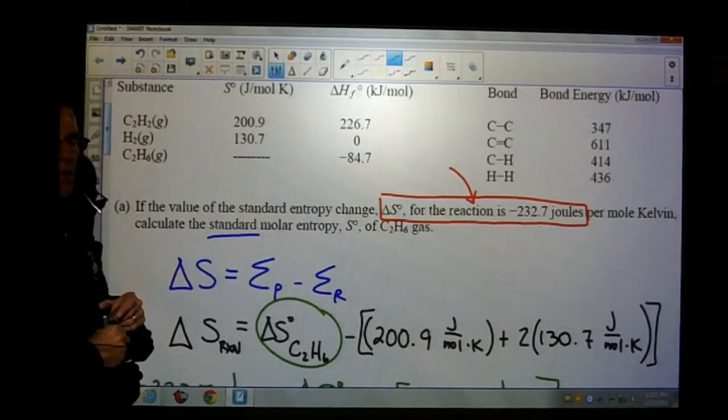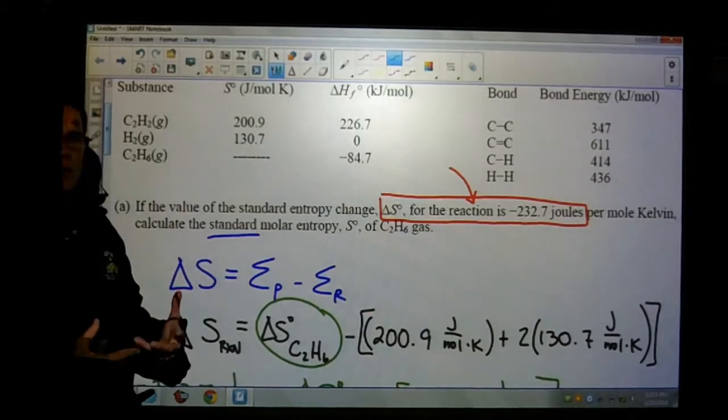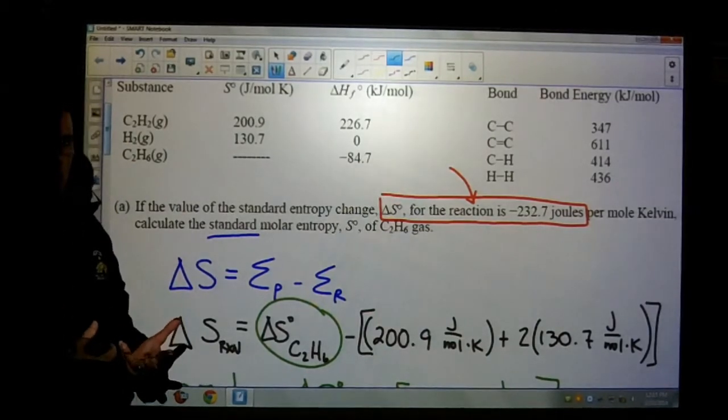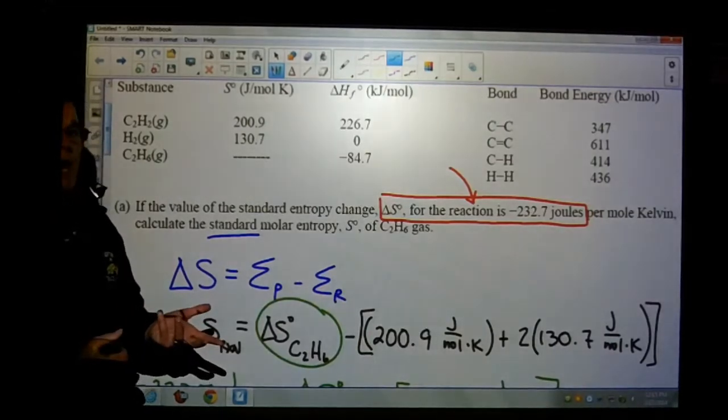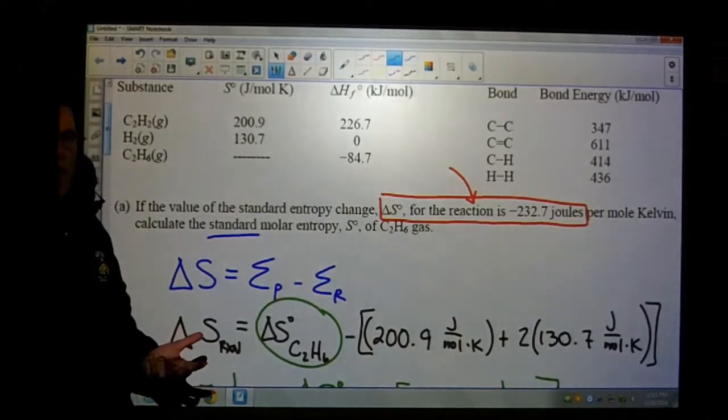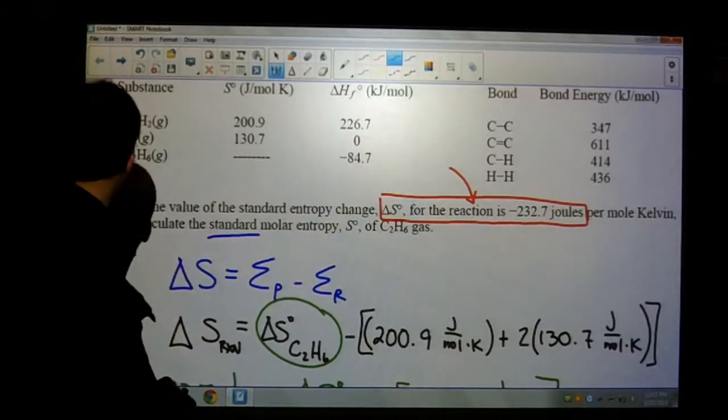So again, it deals with the elements, how they exist naturally at that state. If I had solid hydrogen, which would be very, very difficult to have at that temperature, then it would have a value for heat of formation.